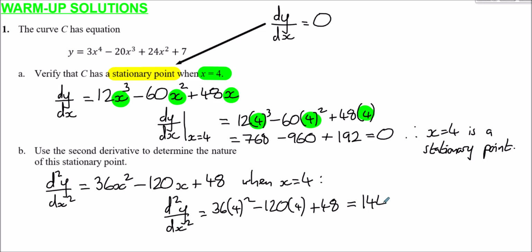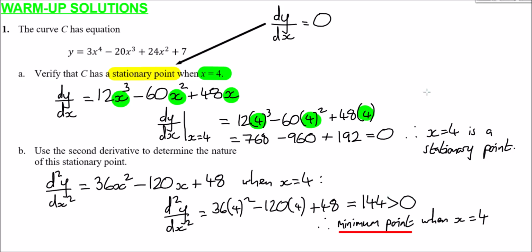But what we need to make a note of is that this is greater than 0. And because it's greater than 0, that tells us that at x equals 4, we're going to have a minimum point. So therefore, it's a minimum point when x is equal to 4, and it's proven by the second derivative being positive. When the second derivative is negative, that shows that it's a maximum point. So that's warm-up question 1 done.